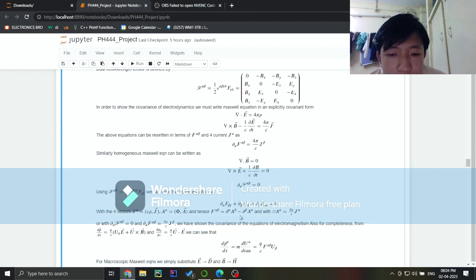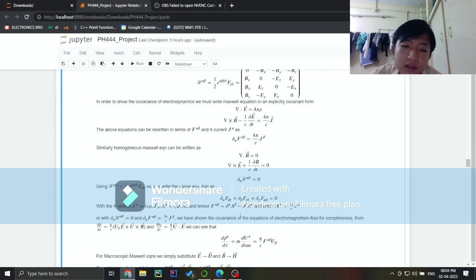So basically, with the four vectors that we have postulated, j alpha, A alpha, and f alpha beta, we can write the Maxwell's equations in their covariant form. That basically shows that electromagnetism is covariant. The Maxwell's equations are covariant.